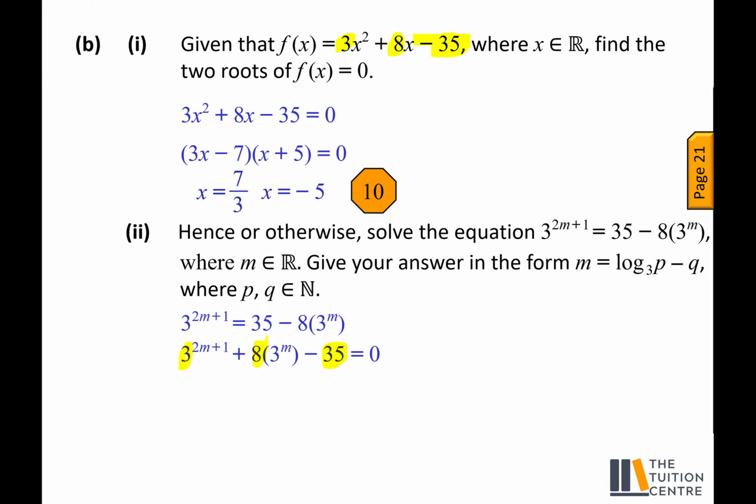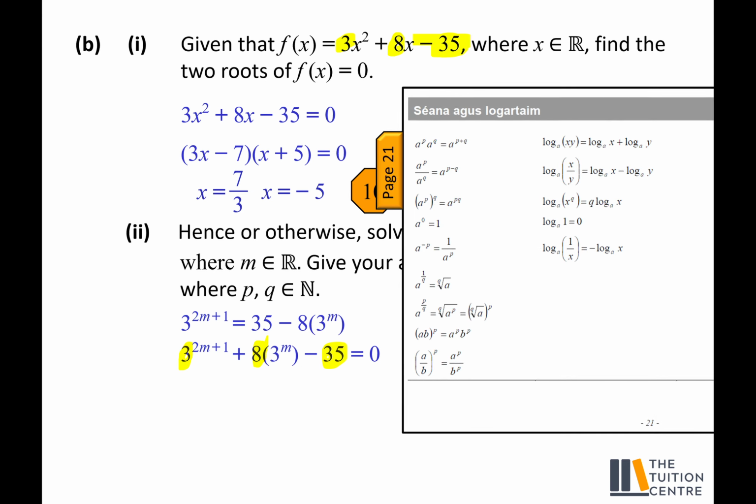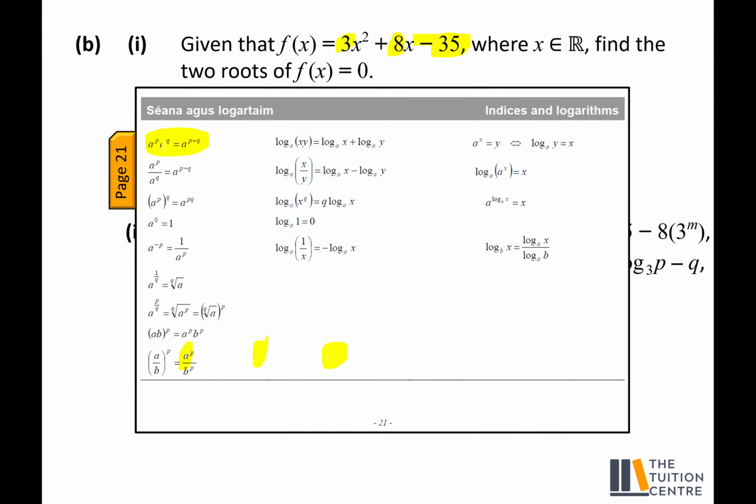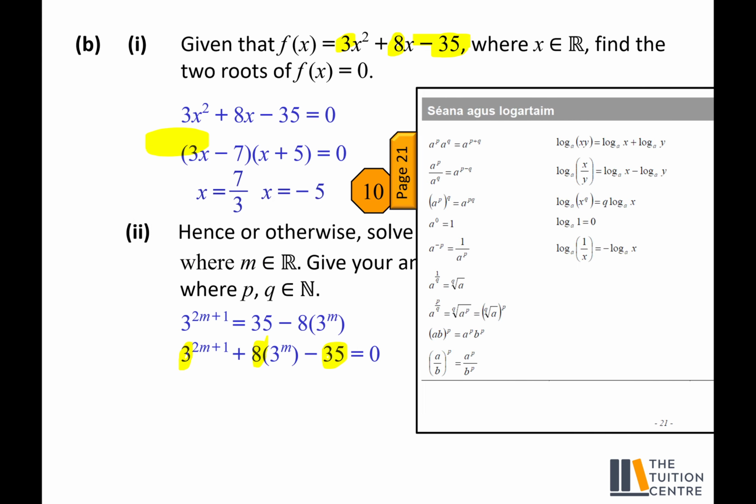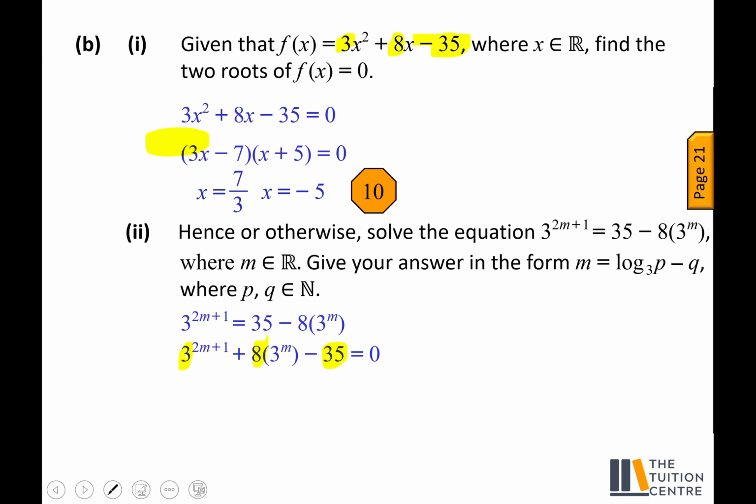But what we do is this. We remember our rules from indices, and our very first rule up here: a to the power of p times a to the power of q is a to the power of p plus q. Looking at it the other way around, 3 to the power of 1 times 3 to the power of 2m is 3 to the power of 2m plus 1.